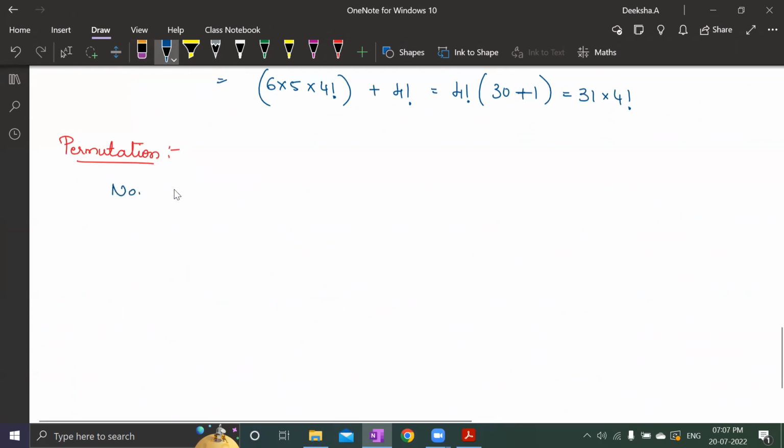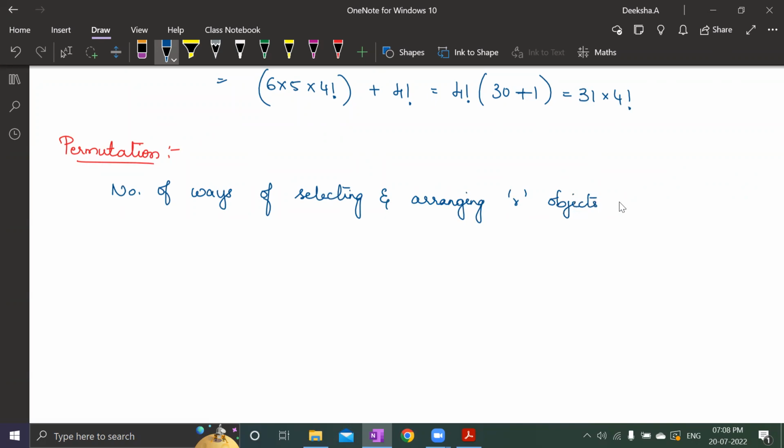It is the number of ways of selecting and arranging r objects out of n distinct objects. This is permutation, selection and arrangement. Both are there. Combination means only selection.